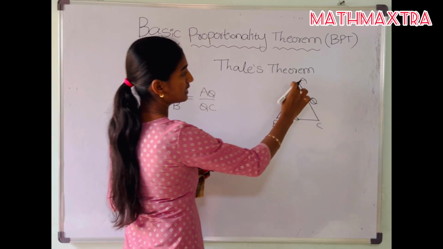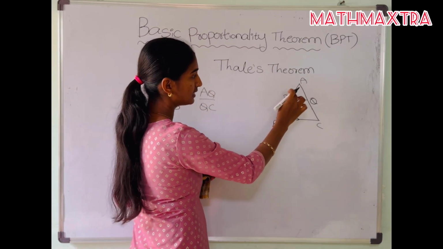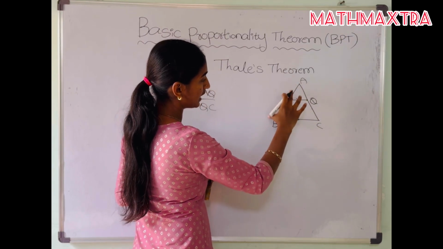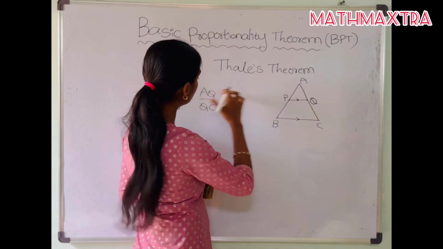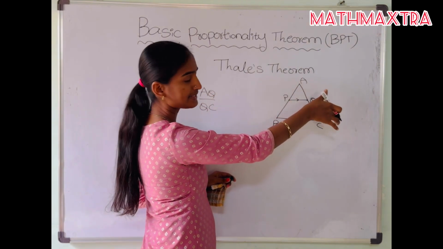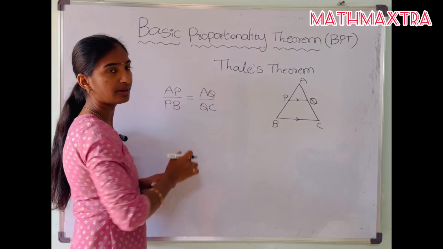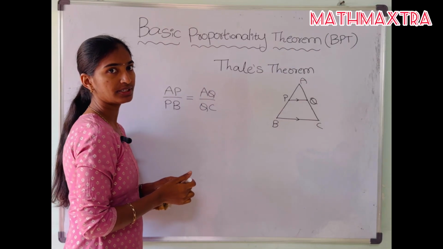These are the parts of the side AB, and these are the parts of the side AC. So these are in the same ratio. That is the statement of the basic proportionality theorem.